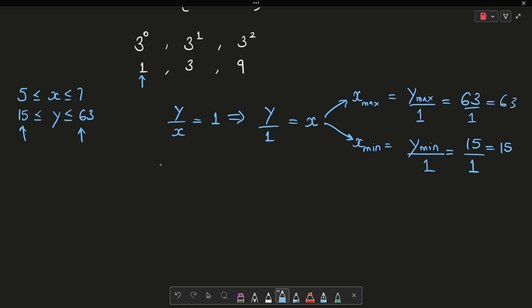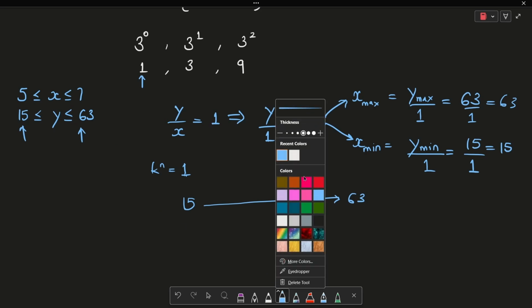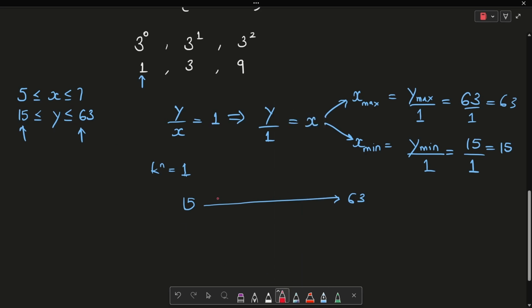So this means that when k to the power n equals 1, then my possible values of x can be from 15 to 63. But what is the range given to me for x? It is just 5 to 7, right? So I cannot take any value. Okay, I'm sorry, it's not right to draw it like this. My x can range from 5 to 7.